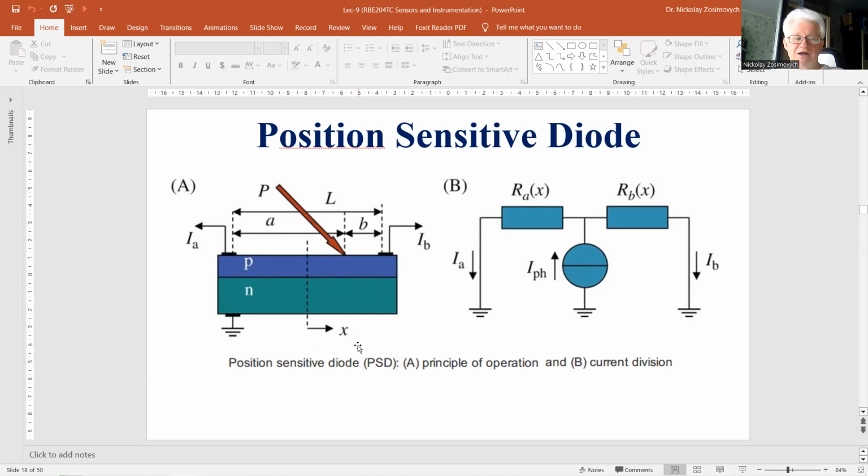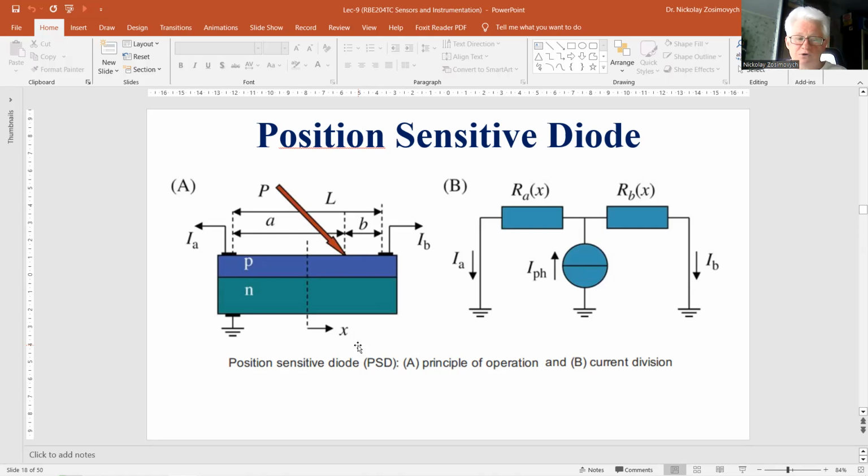The device consists of an elongated PN photodiode with two connections at its extremities and one common connection as a substrate. An incident light beam can penetrate through the top layer down to the depleted region around the PN junction, where it generates electron-hole pairs.